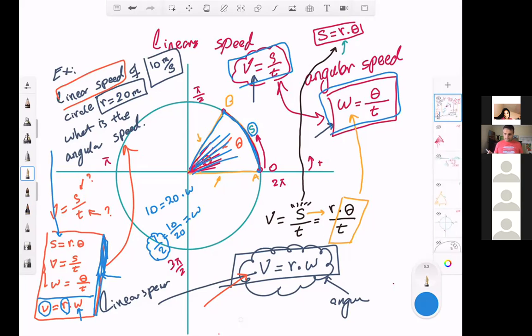And this is a relation between linear speed and angular speed. Then we do examples on Monday. There are only two or three homework questions related to this, but usually they give us enough information to solve it.